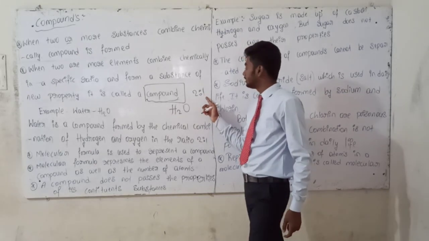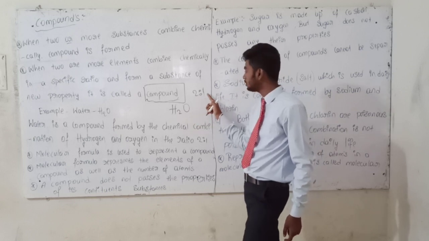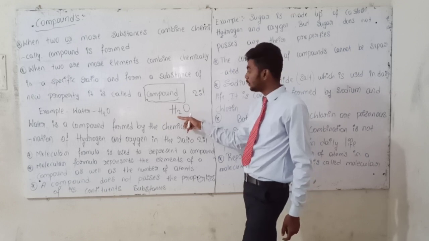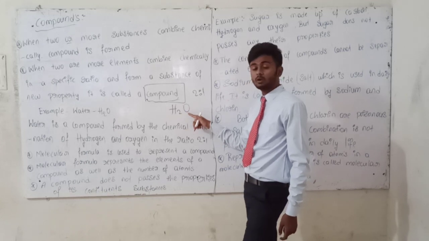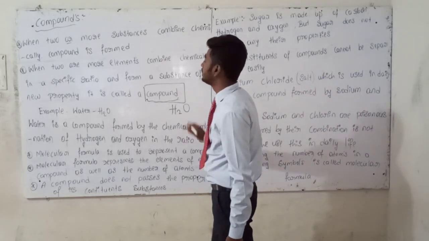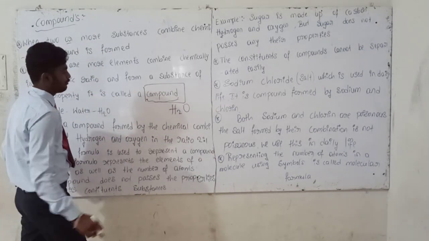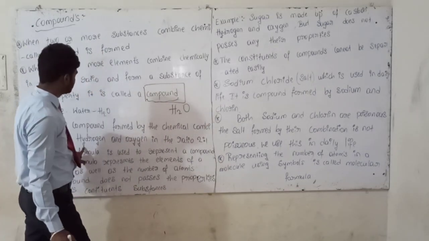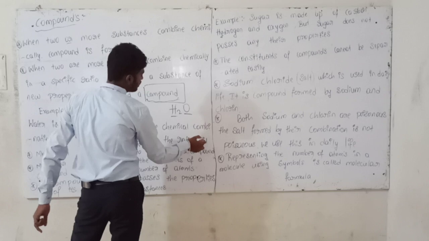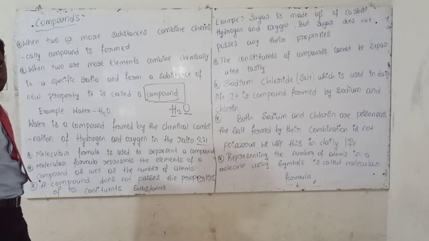Two H elements and one O element are combining chemically. Understand? Okay. See, water is a compound formed by the chemical combination of hydrogen and oxygen in the ratio 2:1. All of you understand?